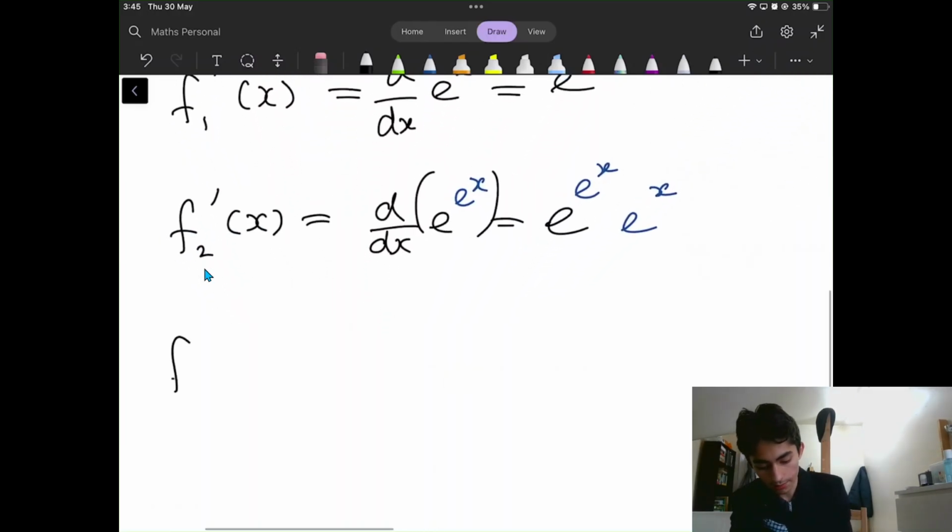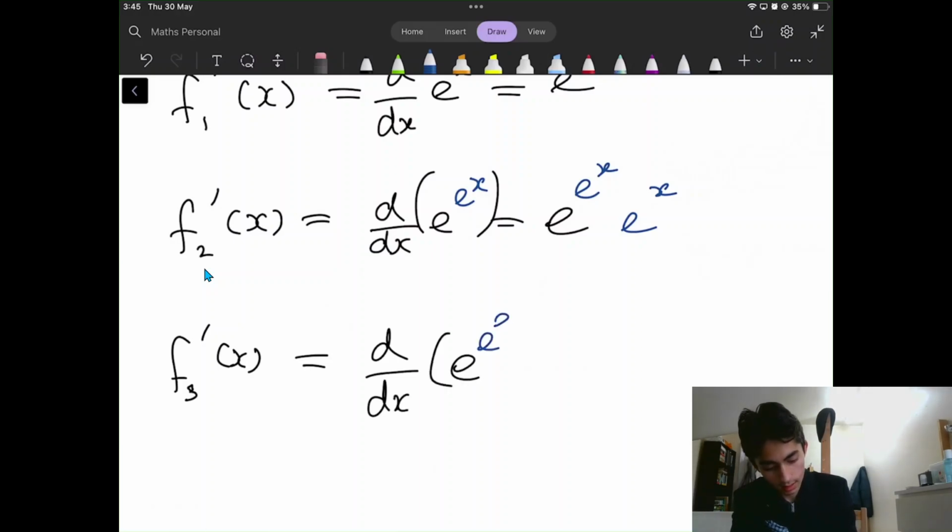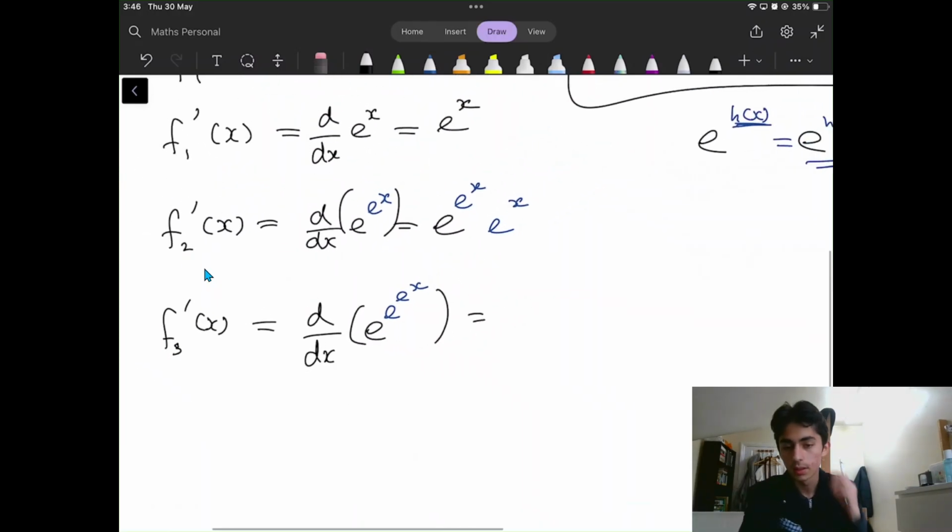Let's work on f3'(x), of course. This is equal to the derivative of e to the e to the e to the x. Okay? And first of all, chain rule once again.